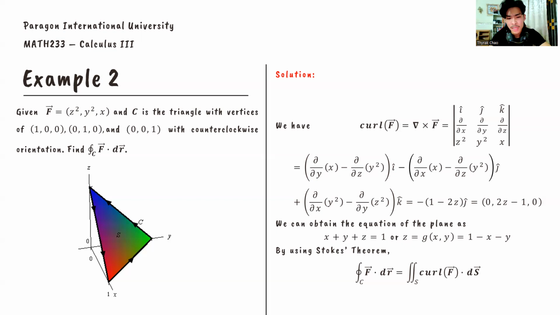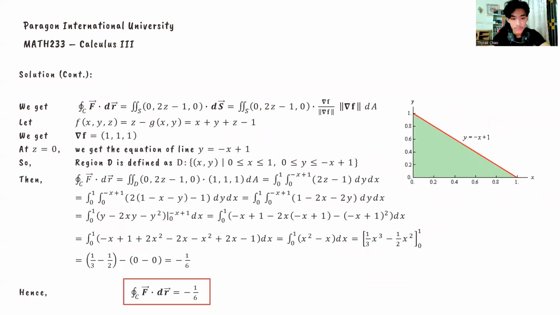Based on Stokes' theorem, the line integral of the vector F dot dr over curve C is the double integral of curl F dot dS over surface S. So now we have the line integral equal to the double integral of (0, 2z minus 1, 0) dot dS over surface S, or the double integral of (0, 2z minus 1, 0) dot grad f over the norm of grad f times grad f times dA over surface S.